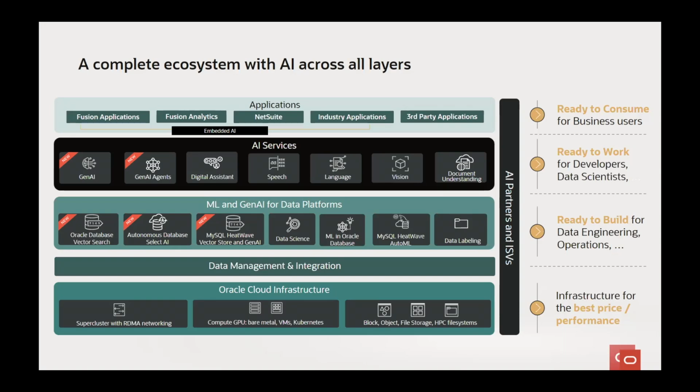For example, vector search or Select AI, those capabilities. LLM is coming, data labeling is there. Those are platforms within the data layer that are available. And if as a customer you are looking to host your own models, you need GPUs, then of course at the infrastructure layer, we are providing that also. So today, the focus is on the document understanding service.